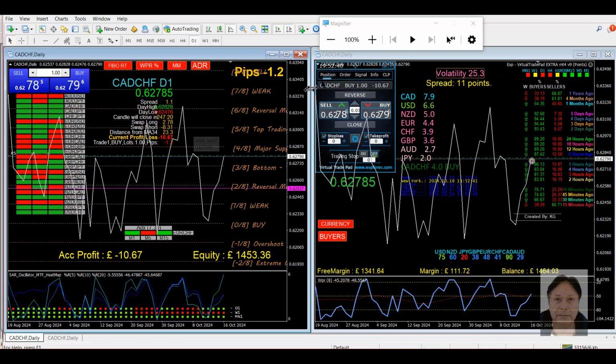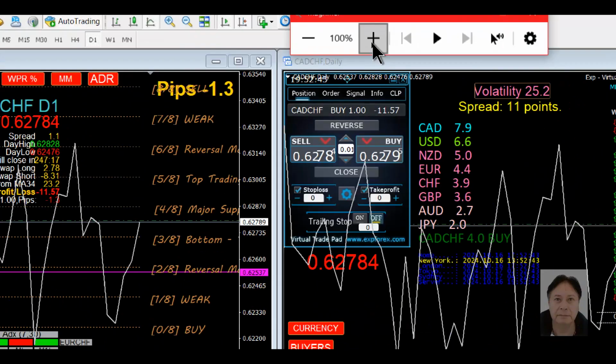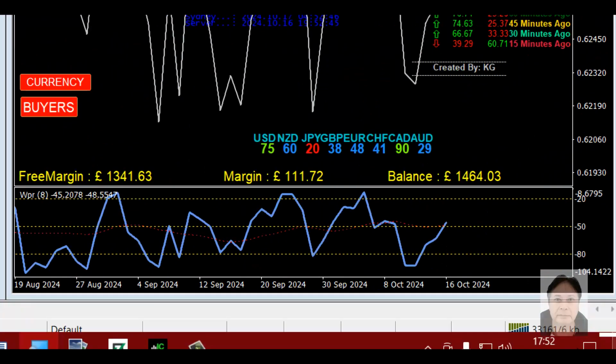And if you have a look at the time, let me just zoom in. I'm not sure whether it can capture that or not. But it's 17:52, 16th of October.